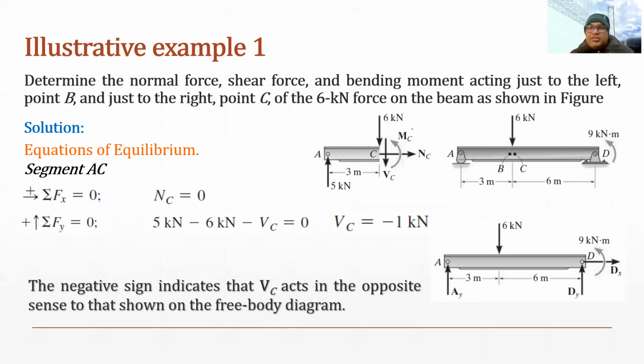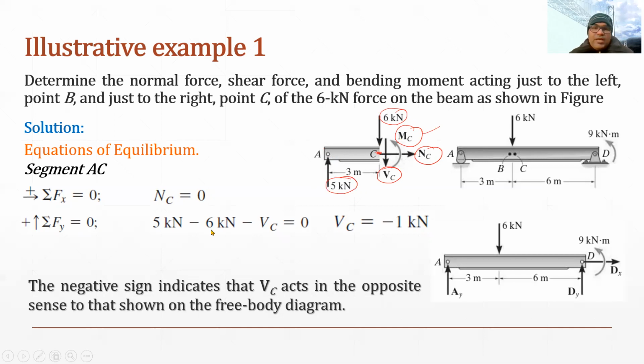Similarly, to calculate the value of MC, we will take moment at point C, and because we are taking moment at point C, the moments due to these forces will be 0. So again we will have only two moments: one will be MC and the second one will be the moment due to this reaction force.